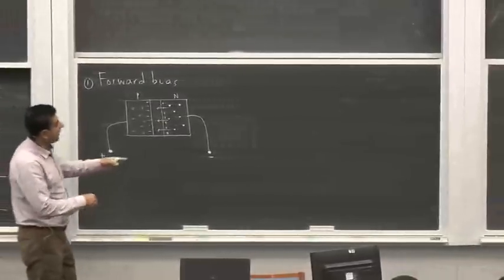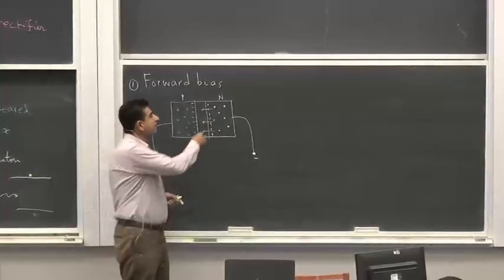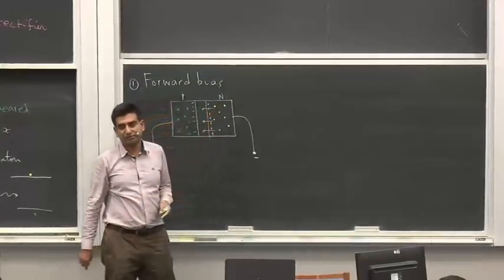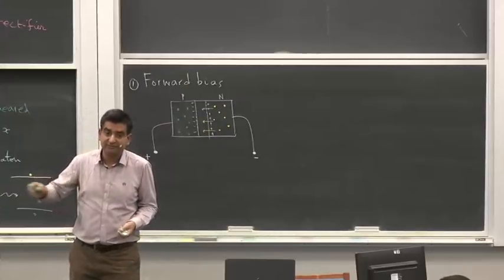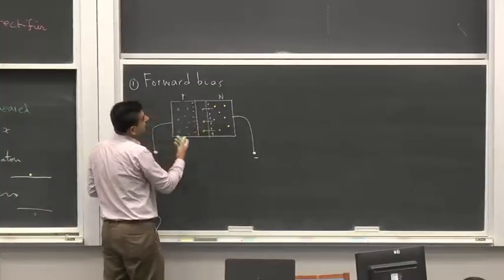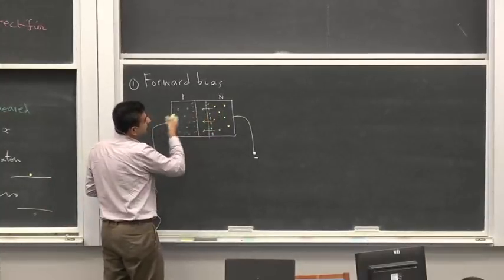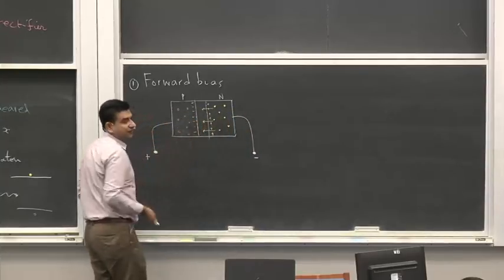However, now this negative potential is going to apply an electric field on these electrons, and the electrons are going to move under the action of the electric field. How will they move? They will move against the direction of the electric field, or in other words, this negative terminal of the battery will repel the electrons.